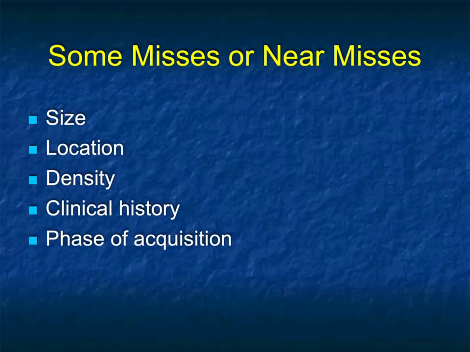Location, tail of pancreas, and uncinate are the areas I see smaller tumors missed most commonly. Look carefully. We talked about density. Increased density, decreased density is more common. Any change in density, any change in the texture, any change with atrophy are all critical to making the diagnosis.